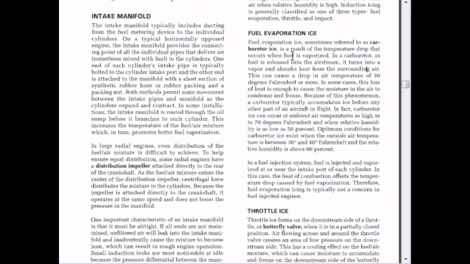So the fuel for the carburetor is sprayed into the venturi, right? In the venturi the air is already fast, and then it gets sprayed with fuel on top of that. So it gets even colder, right? Right. So the temperature can easily drop from 5 Celsius to 0 or even below. When the fuel is sprayed at 5 Celsius especially, you will further drop the temperature and form ice.